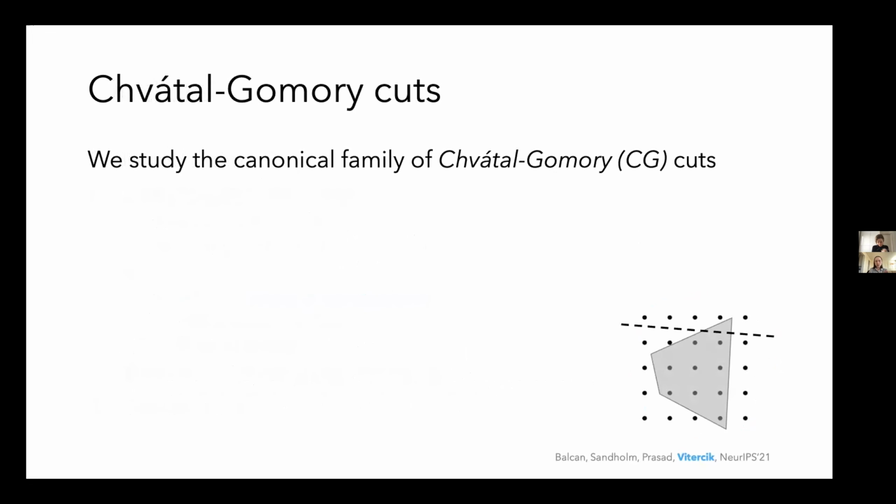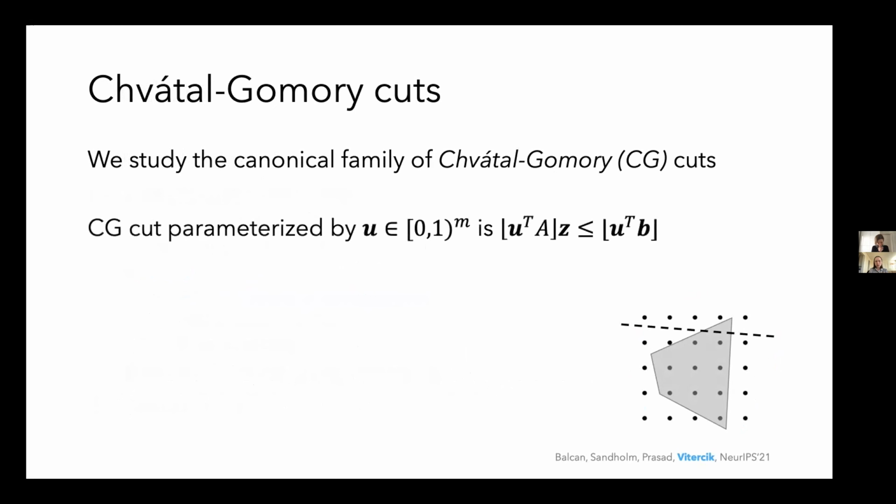So what is a Chvátal-Gomory cut? This CG cut is parameterized by some vector u of dimension m, where m is the number of constraints that we have. The way the CG cut works is you dot u with every column of your matrix A and take the floor.